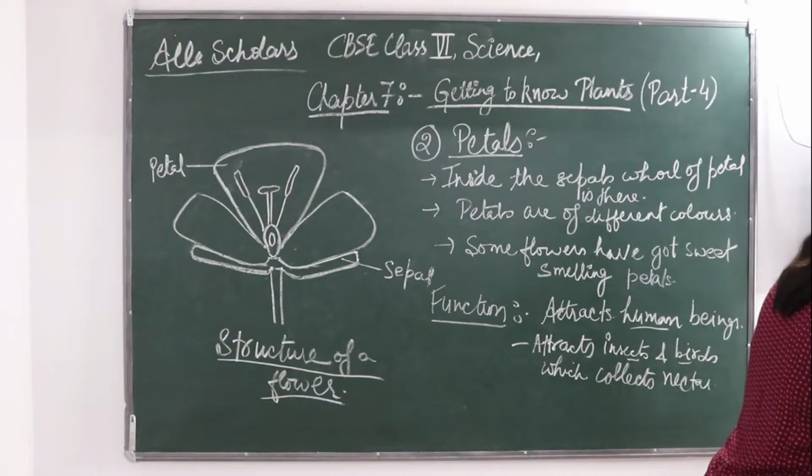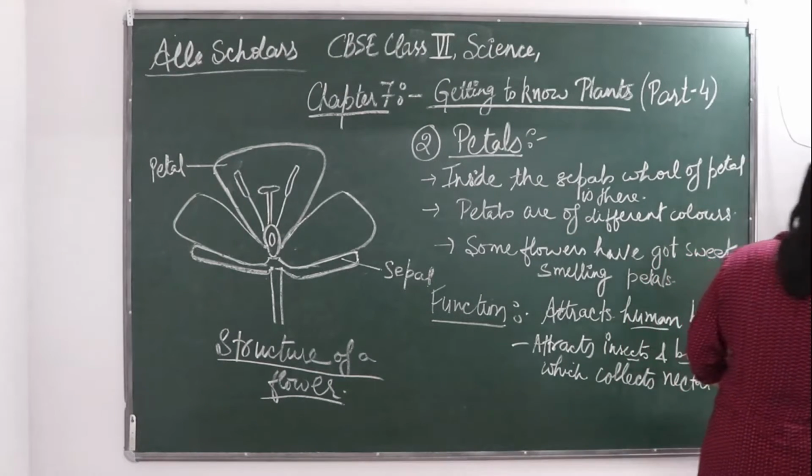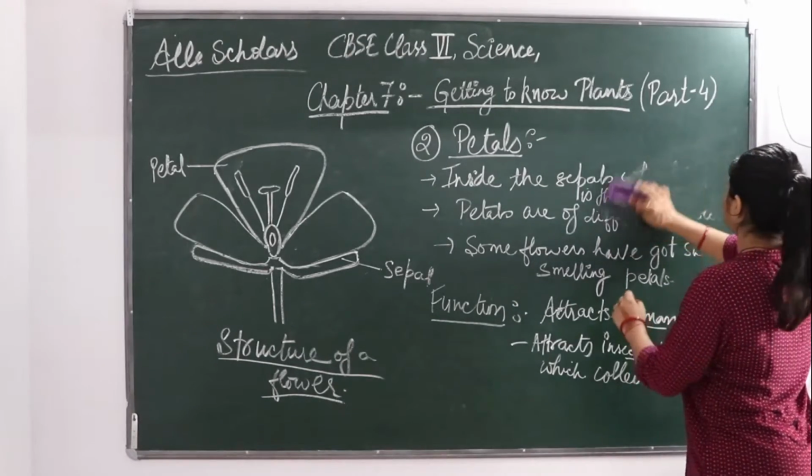Next, the third part of a flower is a stamen. We will study about the stamen.